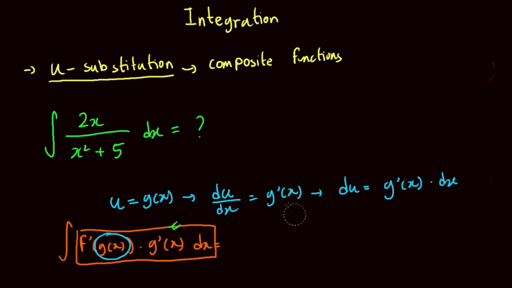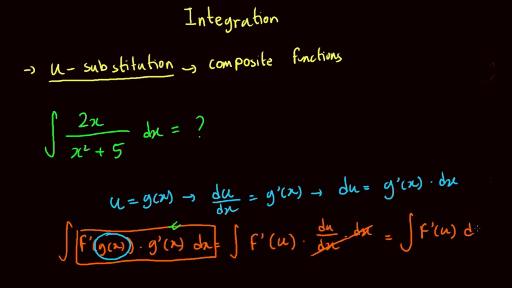In the general sense, we can simply get the integral of f'(u) du/dx times dx, which of course gets cancelled out, just leaving us with the integral of f'(u) du, which is a very simple integral to integrate actually.